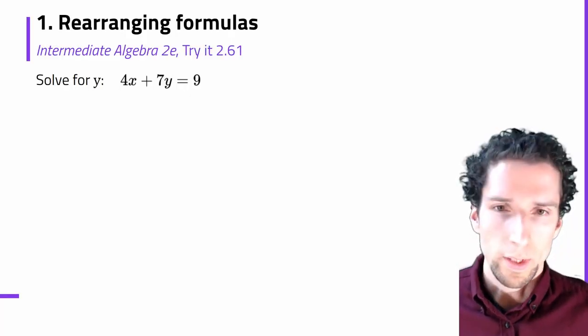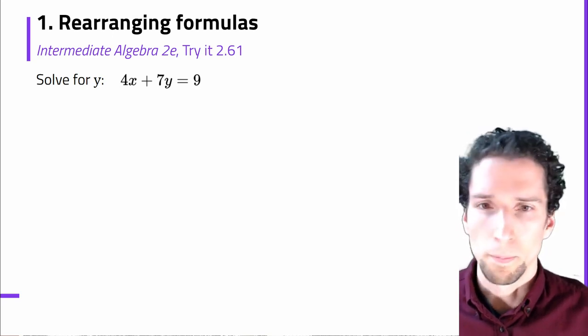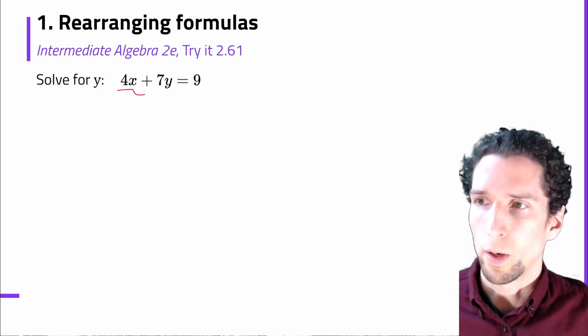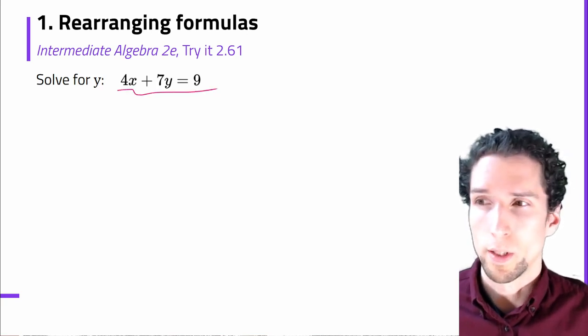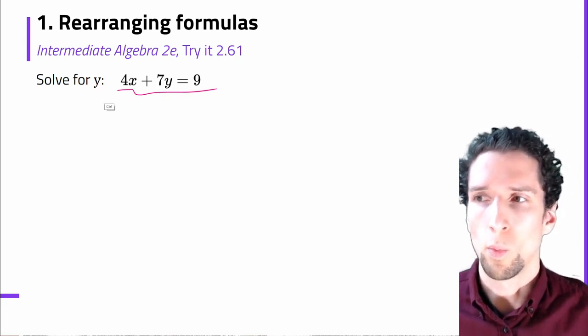All right, let's do another example. These are all the same basic type here. So again, we have this standard form, this 4x plus 7y equals 9, and I want y to be alone here.